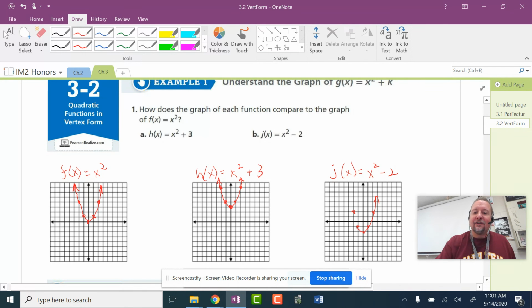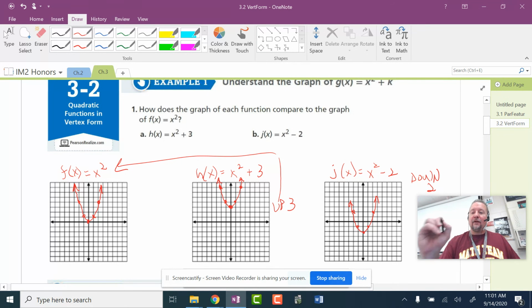Oh, and I should talk about axis of symmetry when things are changed. All these axes of symmetry are still x equals 0. But how do these compare? I hope you simply see that moved the parent up 3. So how does it compare to the parent function? And this one is down 2.